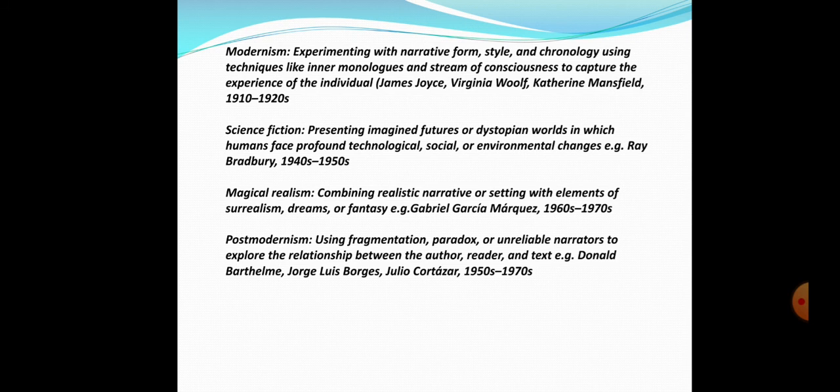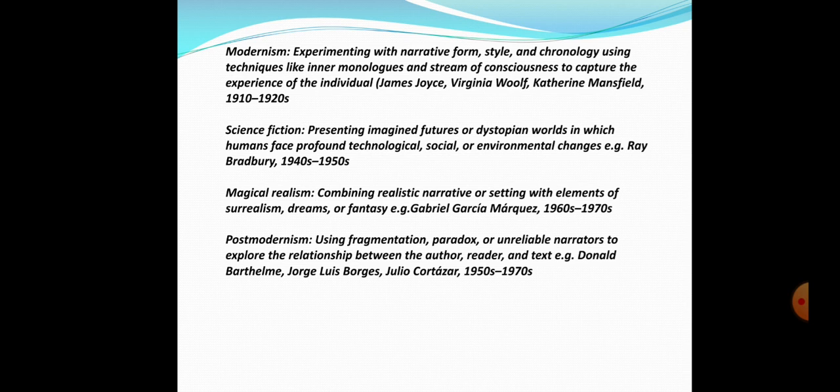Then another movement is magical realism, combining realistic narrative or setting with elements of surrealism, dreams, or fantasy. An example of this kind of writer is Gabriel Garcia Marquez, and the period in which he wrote starts from the 1960s and lasts till the 1970s.